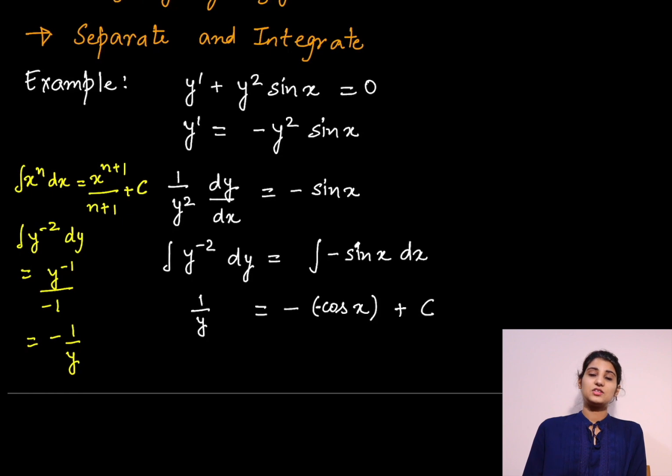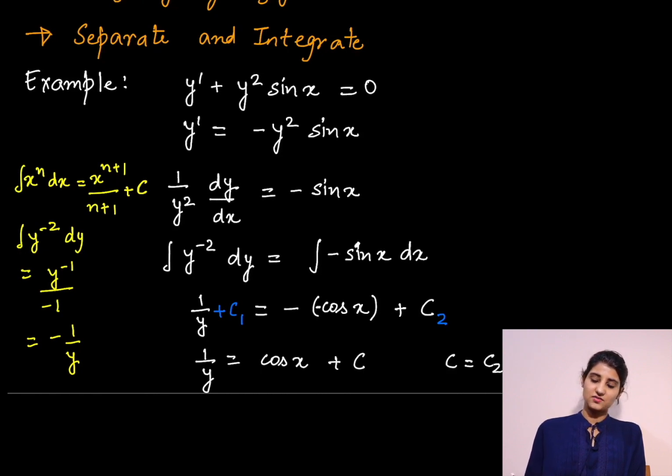If you are dealing with equations, you can just put the constant of integration on one side, because suppose you put a constant of integration on both sides, C1 for the left hand side and C2 for the right hand side, it's the same as saying we are setting C equal to C2 minus C1. So if you are dealing with equations, putting the constant of integration on one side is sufficient.